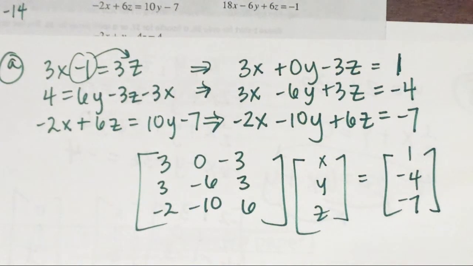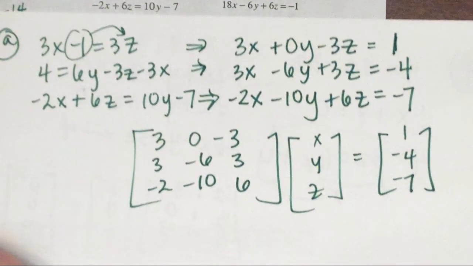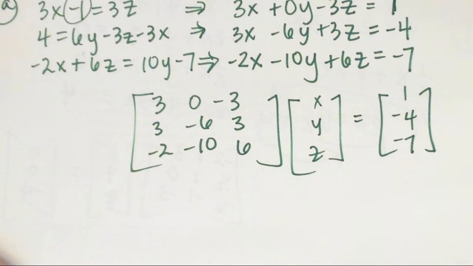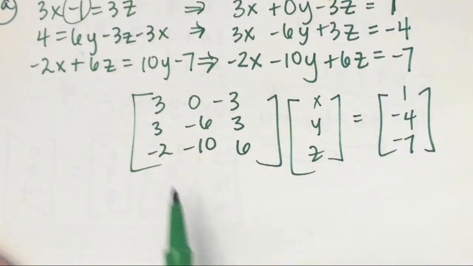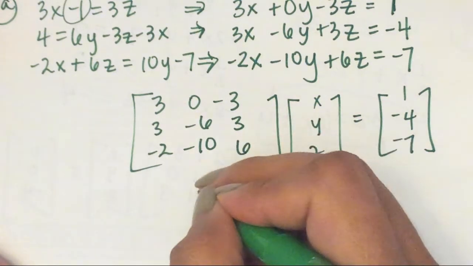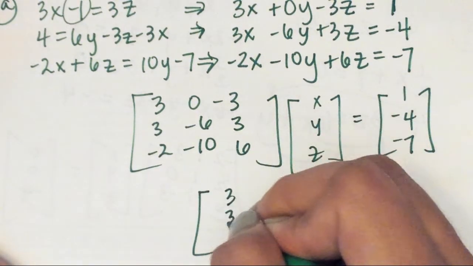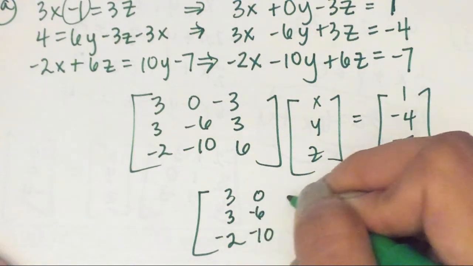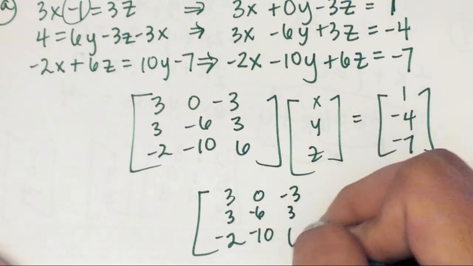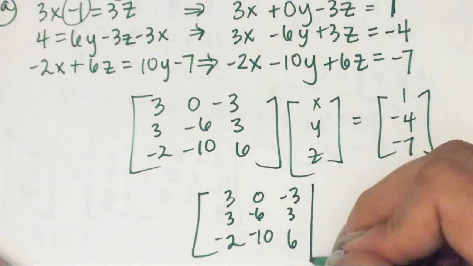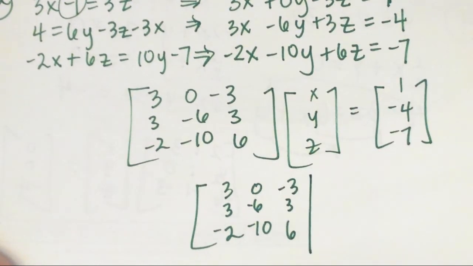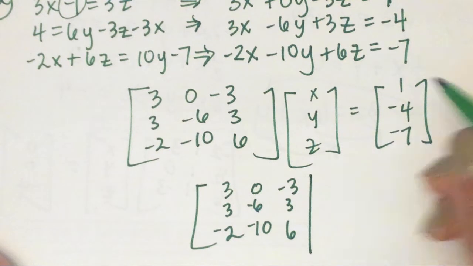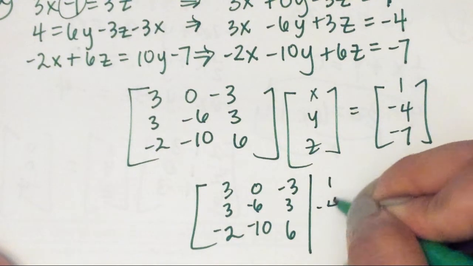When I'm plugging this into my calculator, I'm going to have to set up my matrix a little bit differently. Instead of doing a 3 by 3 matrix, I'm going to do a 3 by 4 matrix. So it's going to look like this: 3, 3, negative 2, 0, negative 6, negative 10, negative 3, 3, 6. And then I'm going to put a big long vertical line, and then put my answers: 1, negative 4, negative 7.